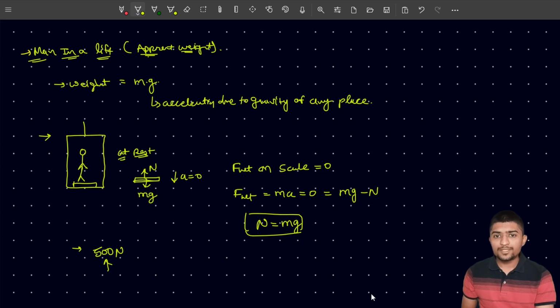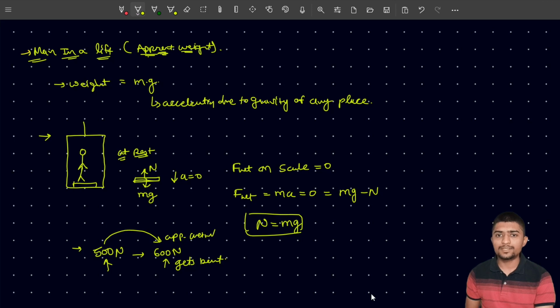But when the lift starts, our weight gets changed because of this apparent weight, and our body is not instructed to bear such weight, let's say 600 newton. So our legs get bent. The change of 500 newton into 600 newton is called apparent weight.